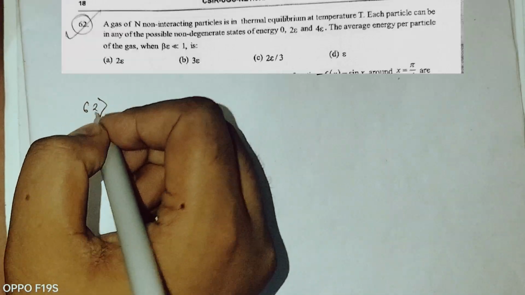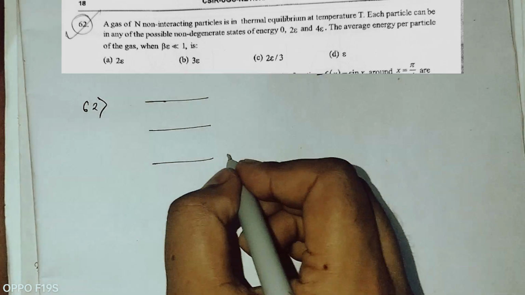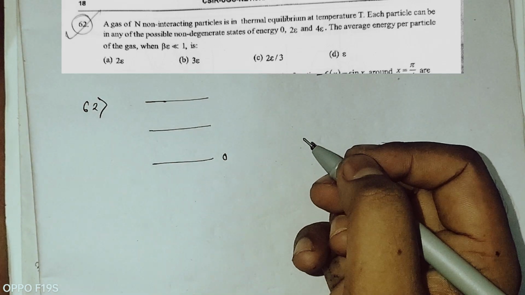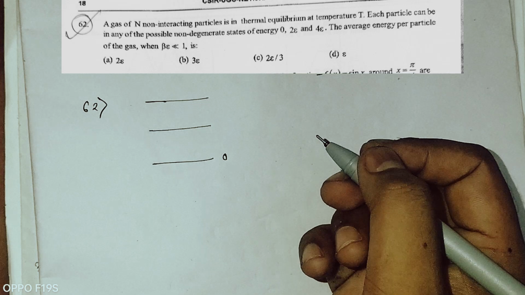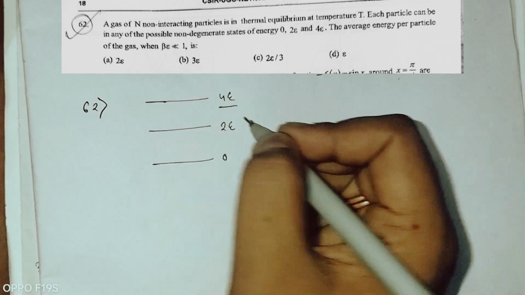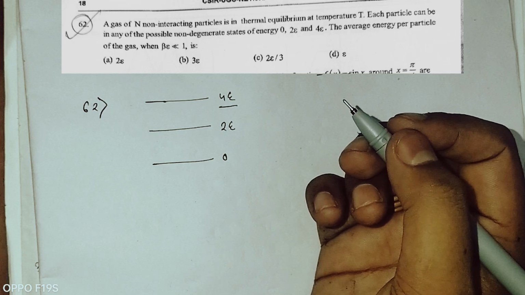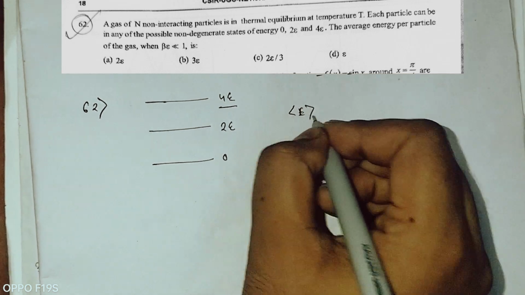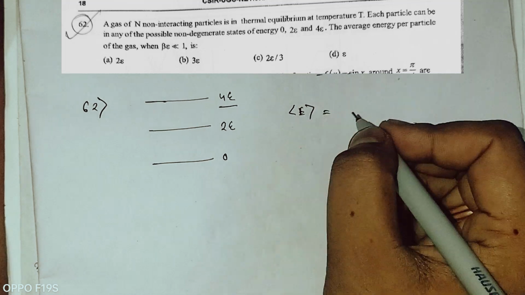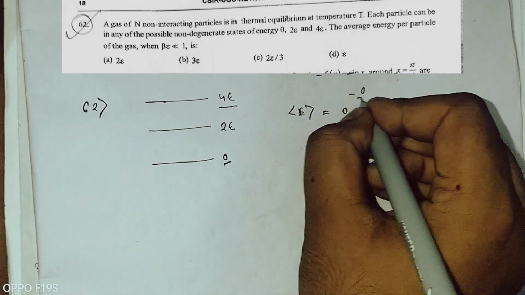So here three states are given: 0, 2 epsilon, 4 epsilon. And there are a total of N non-interacting particles. So we need to evaluate the average energy, and you can see that this is 0. So 0 times e to the power minus 0 by kT.